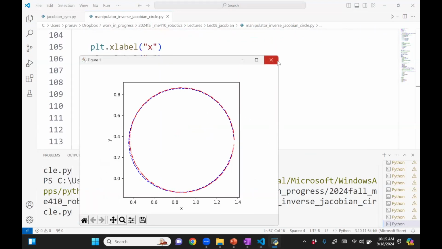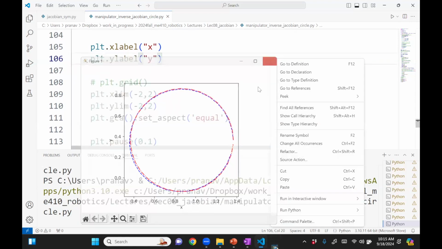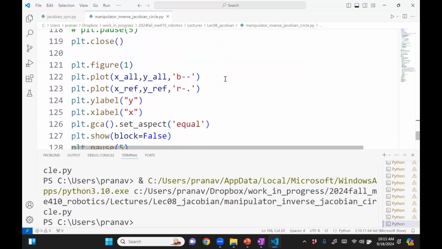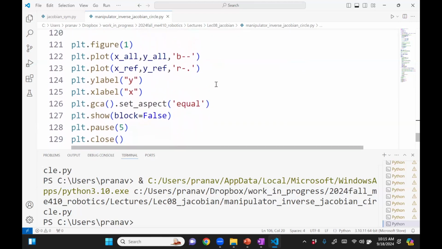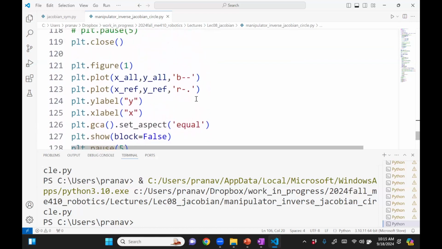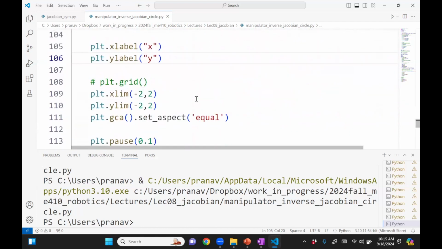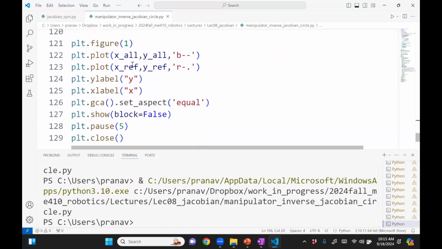Okay, so we can check what blue and red is. If you go here, plot, not this one. Oh yeah, this one.